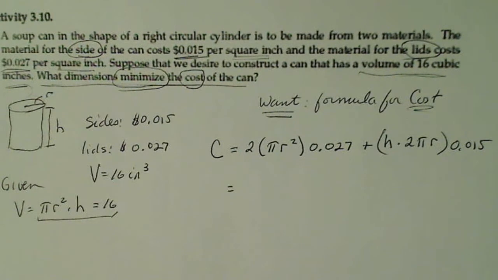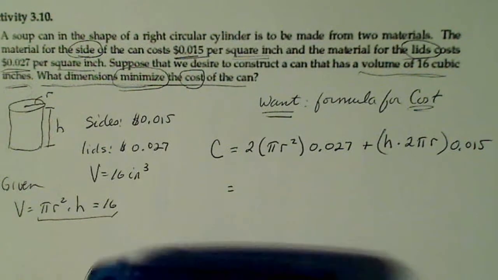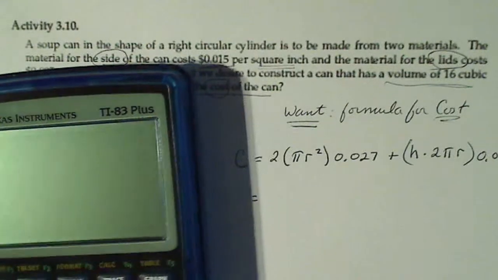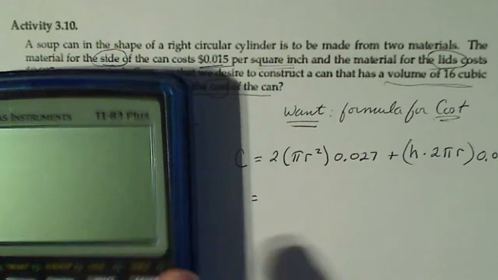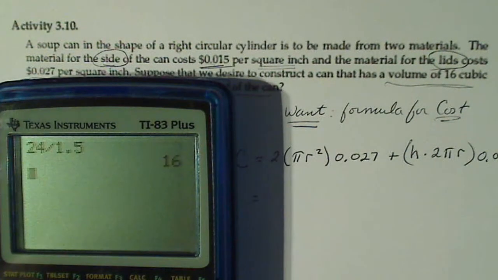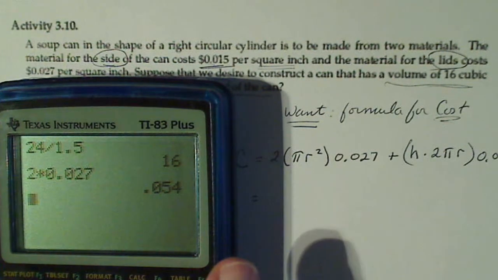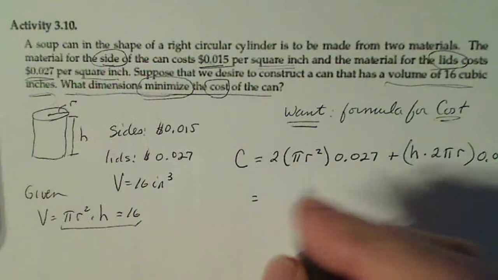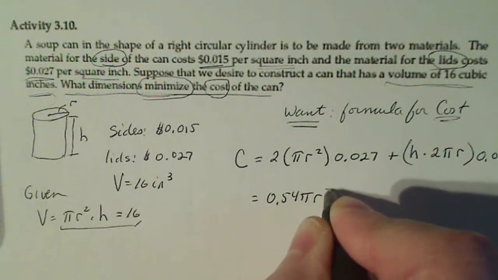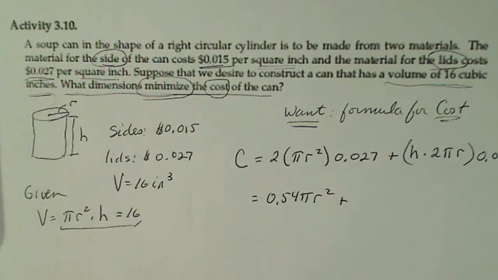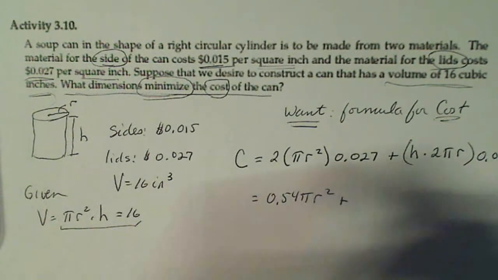We can simplify that really nicely if we just take a couple seconds. So if I take 2 times 0.027, I get 0.54 pi r squared plus 2 times 0.015.